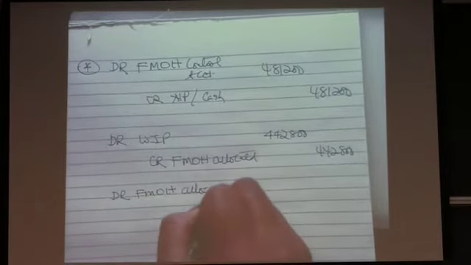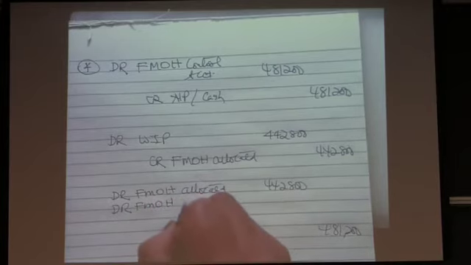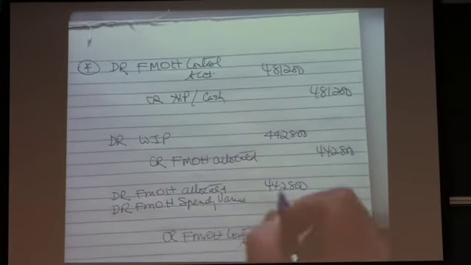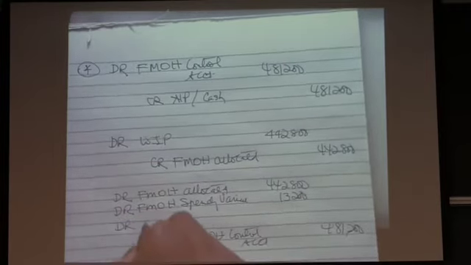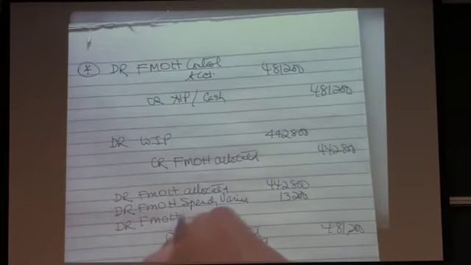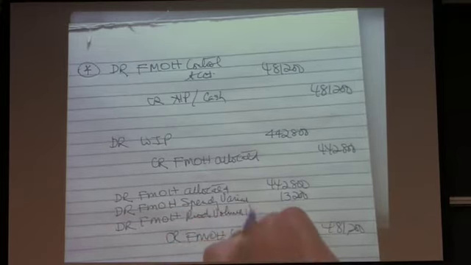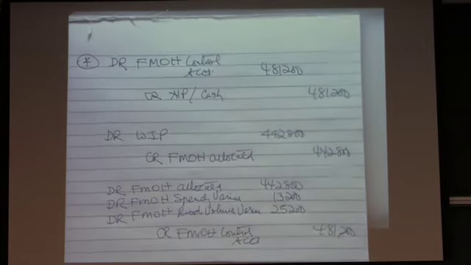Okay, so I'm going to debit fixed manufacturing overhead rate or spending variance, and I'm going to debit fixed manufacturing overhead product volume variance. And that should balance the entry. Okay, thank you.